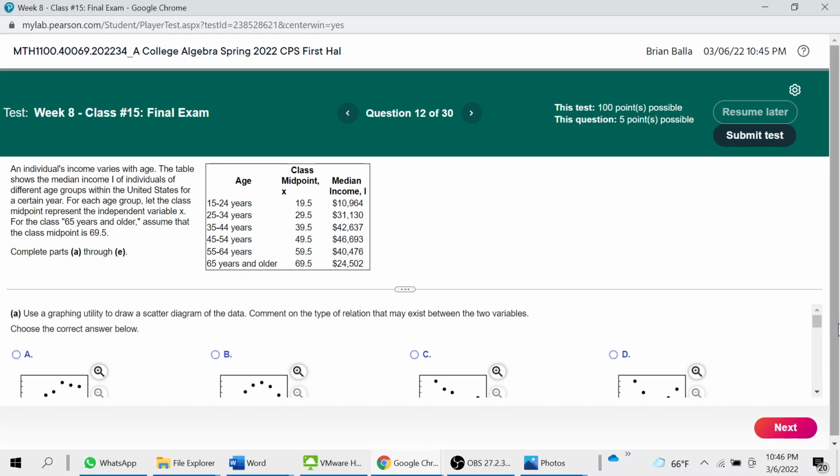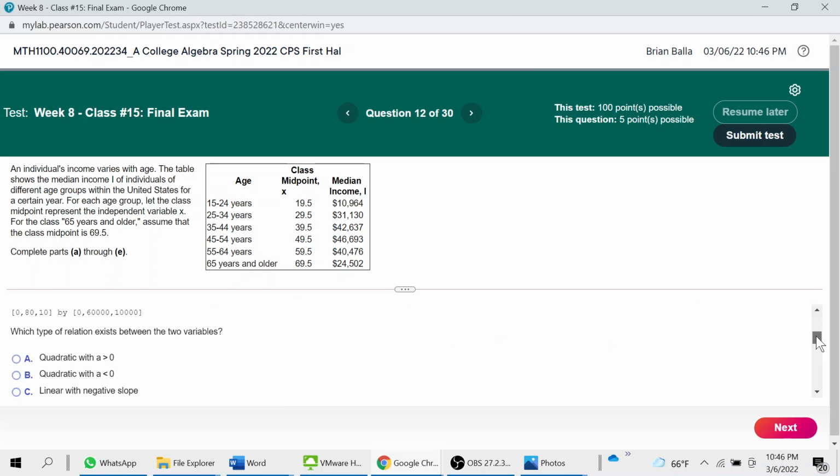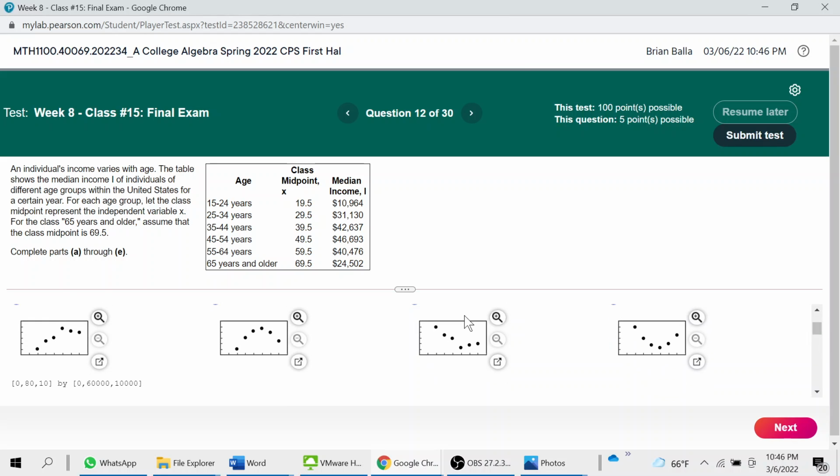Graphing utility. 10, 31, 42, 46. Nope, it's not that one. 10, 31, 42, 46, 40, 24.